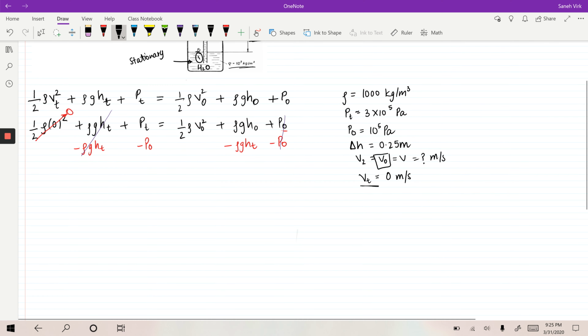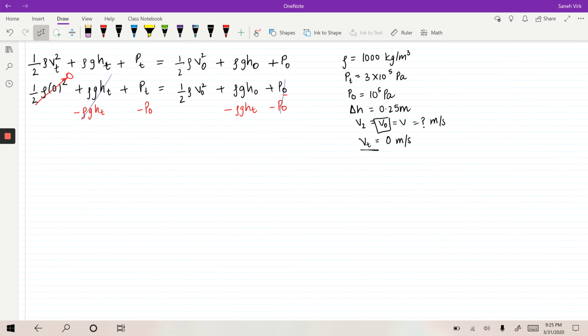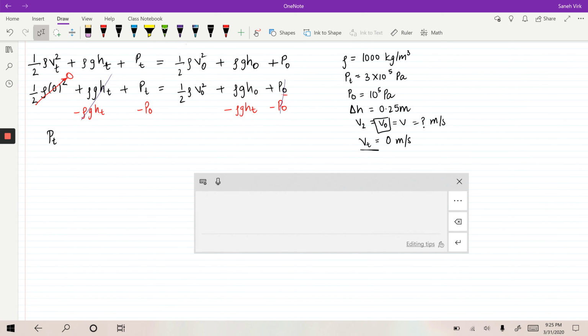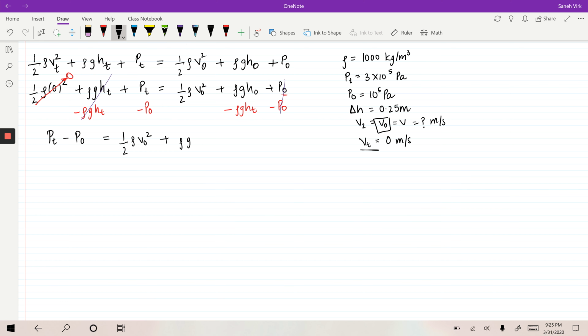So now we are left with pt minus p naught equals 1/2 rho v naught squared plus rho g h naught minus rho g ht.